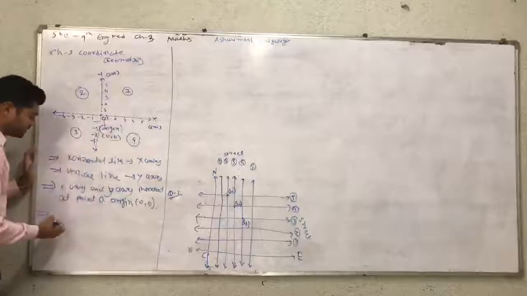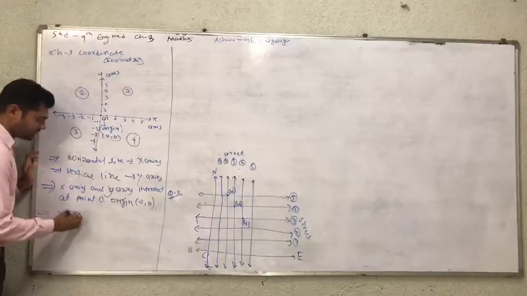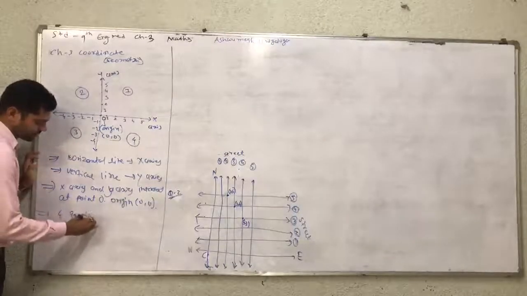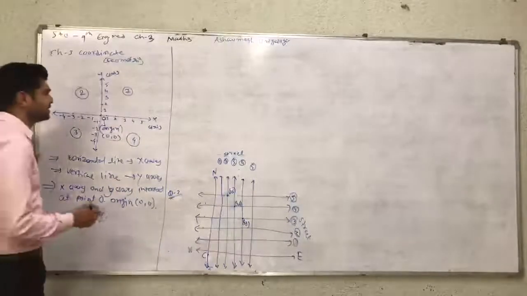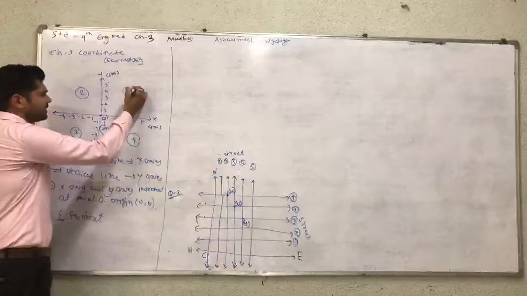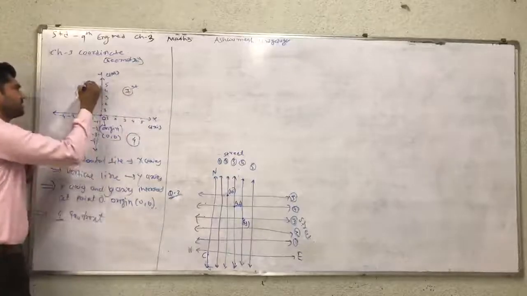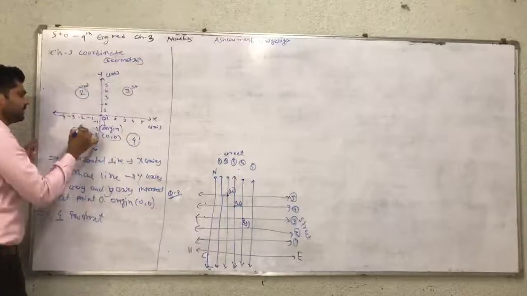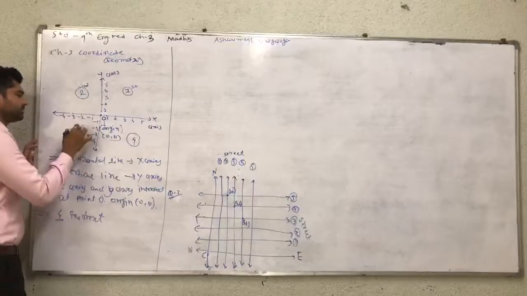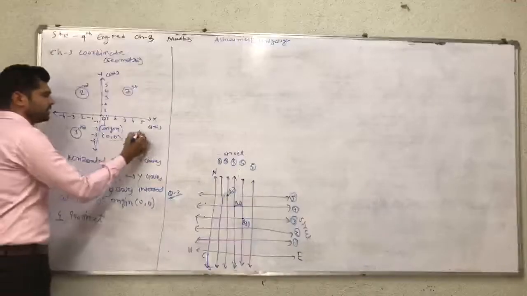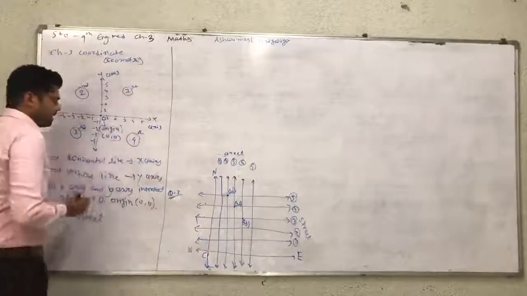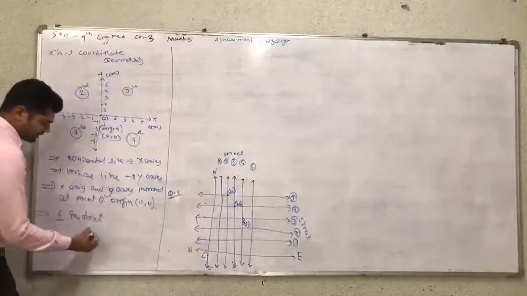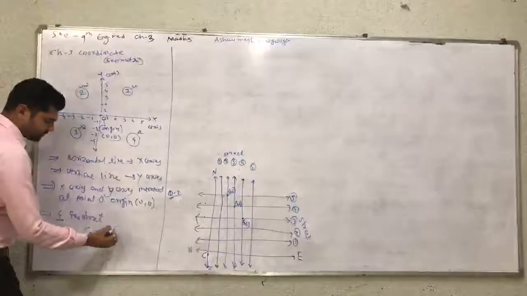Now this is divided into 4 quadrants. How many quadrants? 4 quadrants: first, second, third and fourth. Suppose here we represent the numbers -4 and 5.